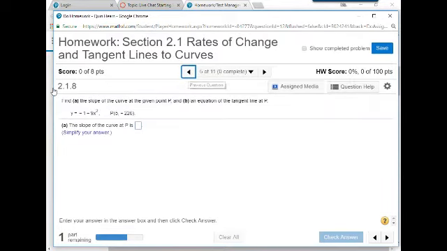All right, let's just start with item number 5, which is 2.1.8.